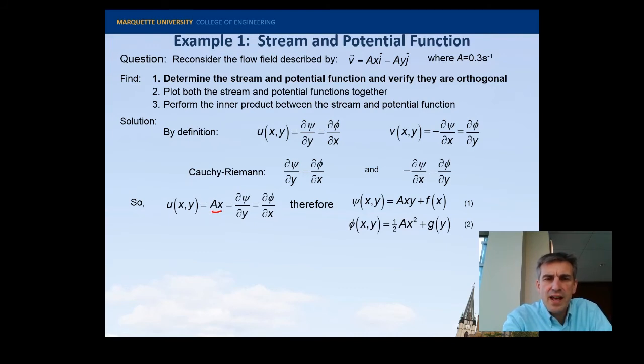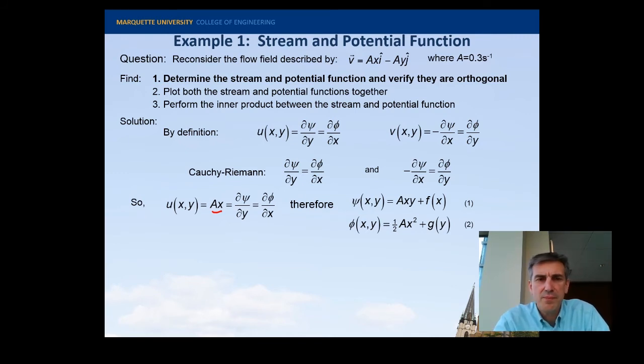So that's our ax, and then equate that to the Cauchy-Riemann equation. And then I can integrate once with respect to y to solve for the stream function. I get a times xy plus some function of x. And then for the potential function, I integrate with respect to x, and I would get 1/2 ax squared plus some function of y.